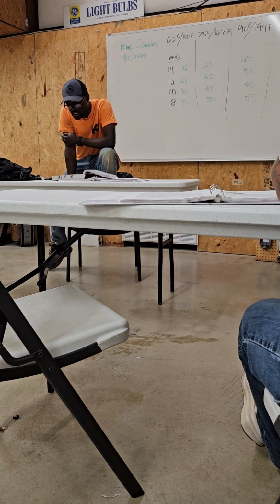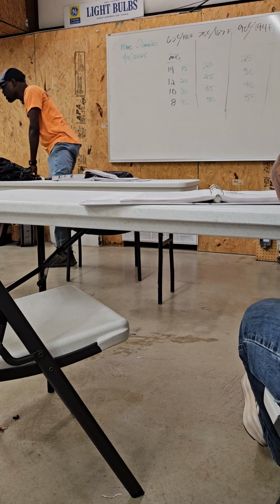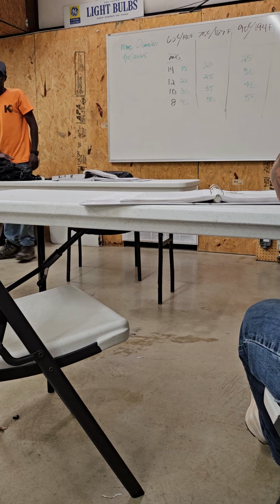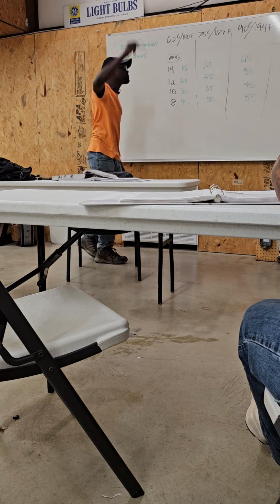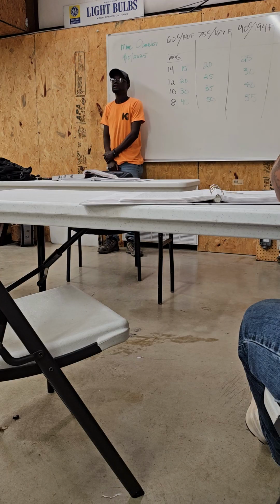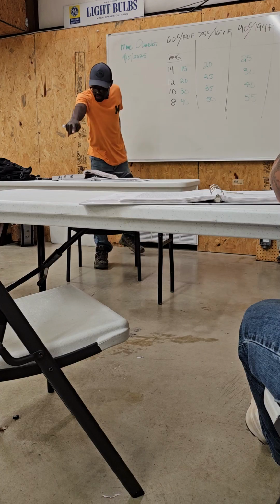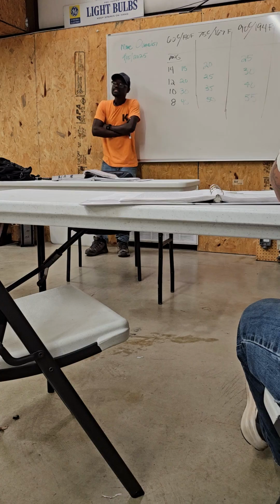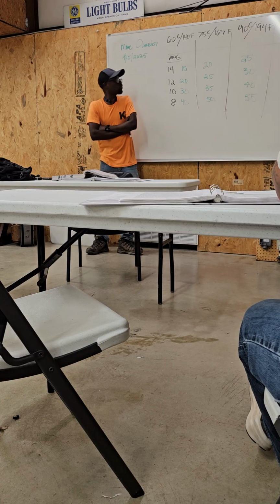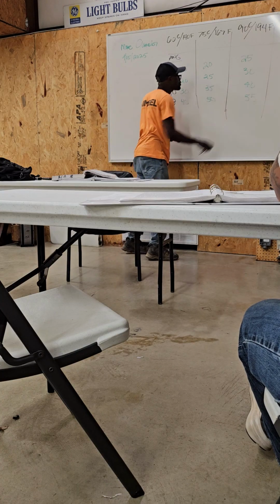So if I have a THHN wire here, let's say I'm wiring a barn at my house. I'm wanting EMT. According to the text right here in the book, it just says if I have THHN wires, it's good all the way to 30 amp if I'm using a number 12.